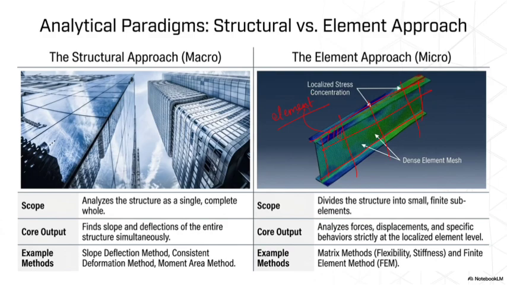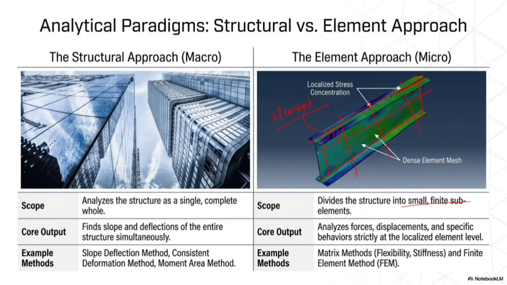Similarly in the matrix method, we will split the structure into small elements, analyze the elements separately, and apply the boundary conditions. So what is the element approach? It is a micro approach that divides the structure into small finite sub-elements and analyzes force, displacement and specific behavior strictly at the localized element level.